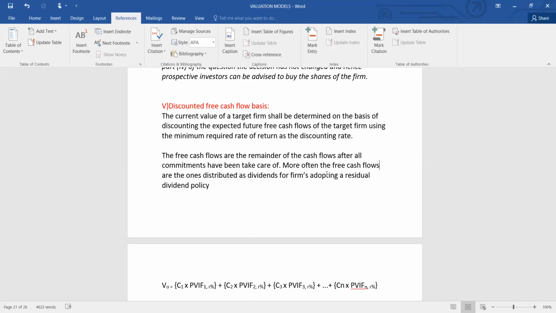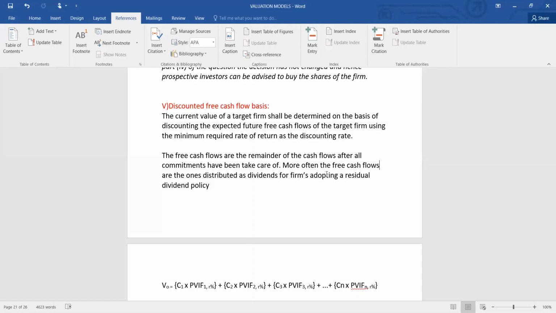If you were to acquire an existing firm on a going concern basis, then you may wish to establish the current value of that firm on a going concern basis. And therefore, discounted free cash flow basis is one of the popular models used in establishing the current going concern value of the firm.